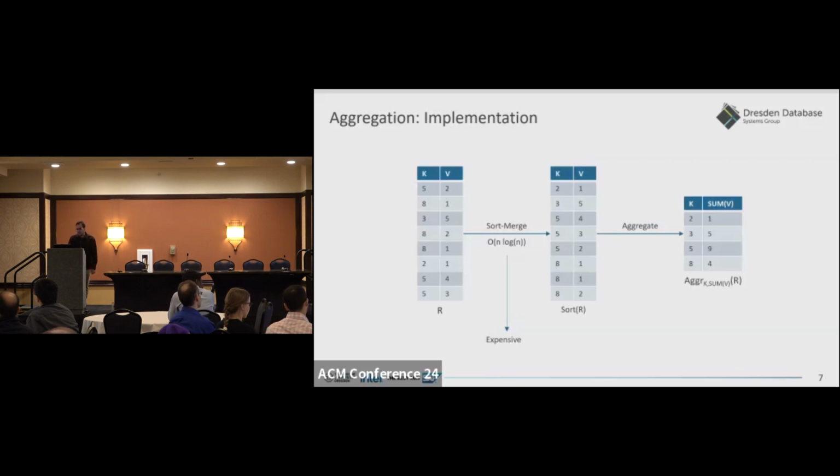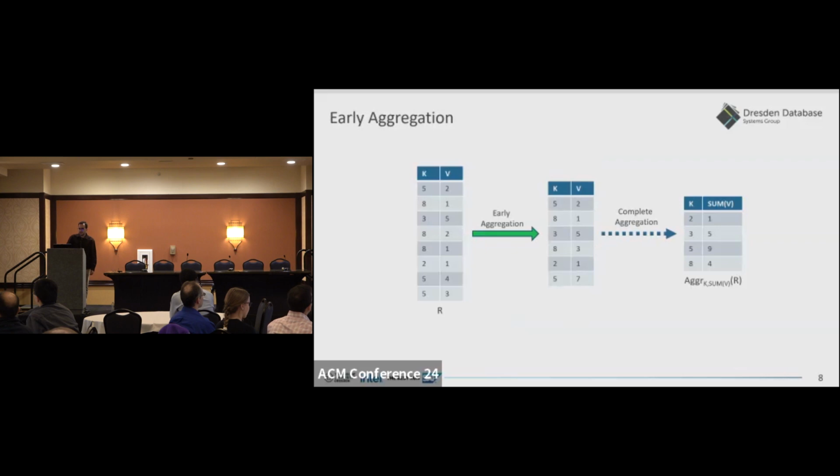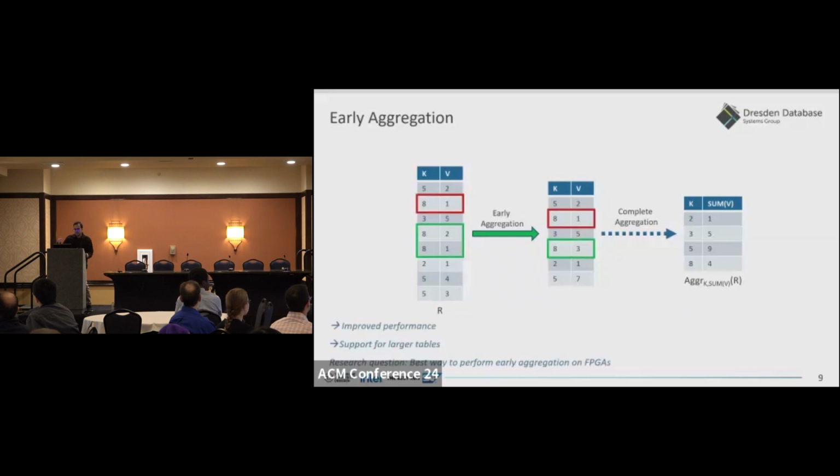Now, here comes the idea of early aggregation. Early aggregation is a best-effort algorithm that tries to aggregate as much of the data as possible earlier in the process, before complete aggregation takes place. So, for example, the algorithm could look at rows that are neighbors, that come one after each other. And if it finds neighbors that belong to the same group, it would aggregate them right there on the fly.